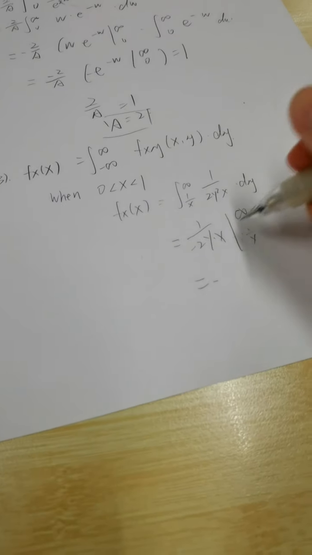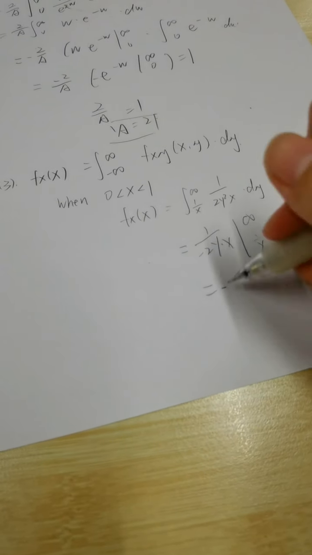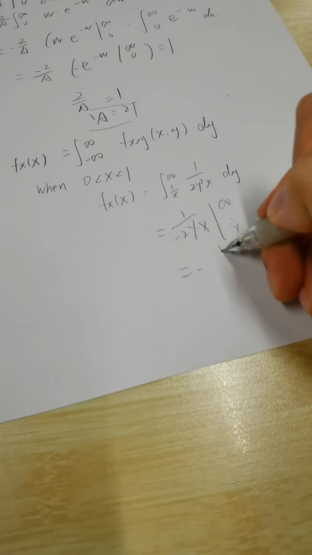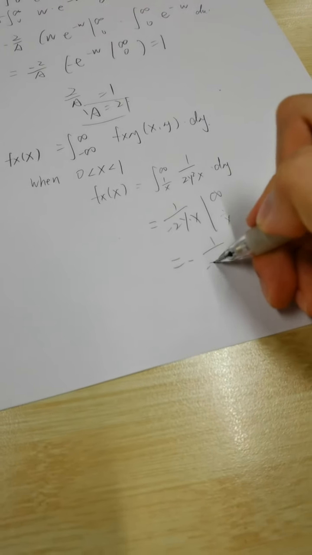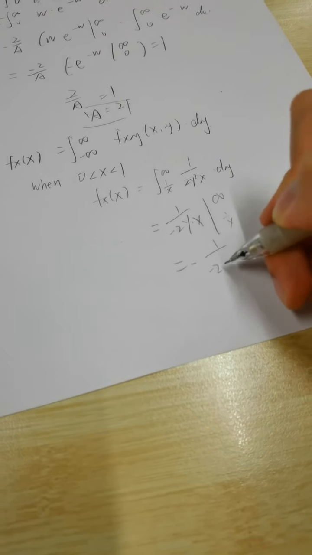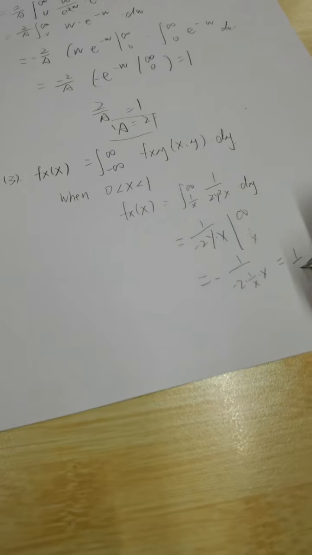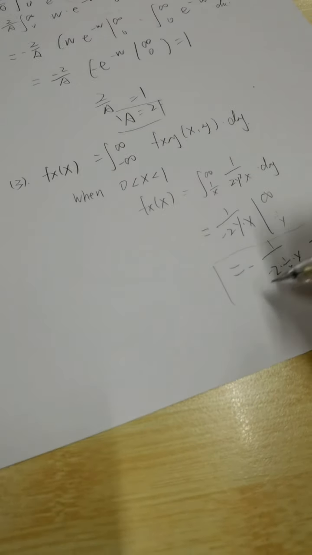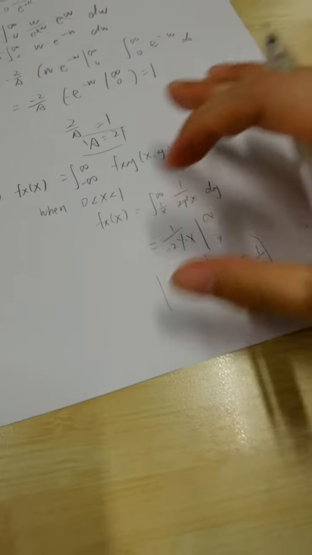Infinity gives just 0, minus this part, which is minus 1 divided by negative 2 times 1 over x times x, which is equal to 1 over 2. So this is the first part of fx.